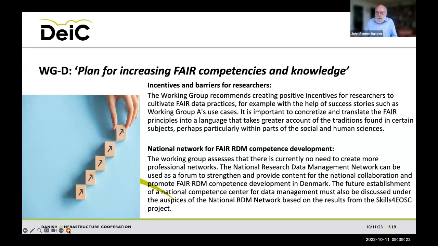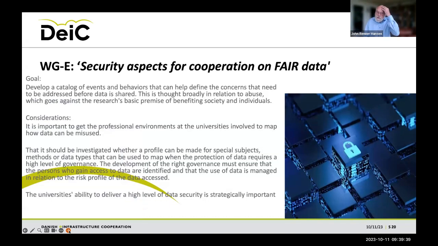And it is then recommended there is no need for a FAIR research data management competence forum. We can use the existing forum. So here, the recommendation from the group is we should not go further.